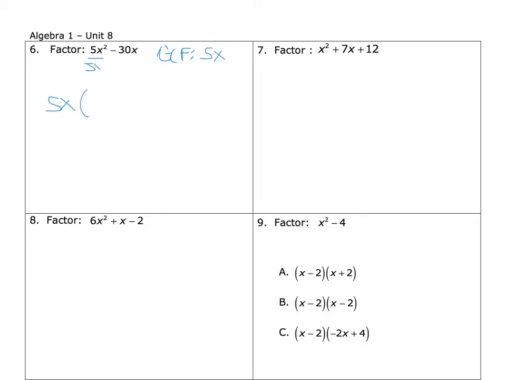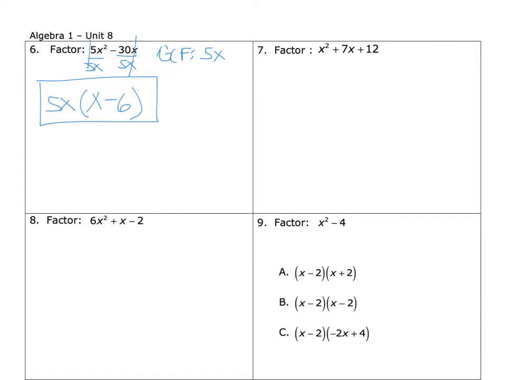So we kind of divide here and figure out what's left over. We're going to have an x left in this first part. These x's cancel, though, and then we get a minus 6. I don't have any more x squared terms, so that's as far as I can go here. I am done.